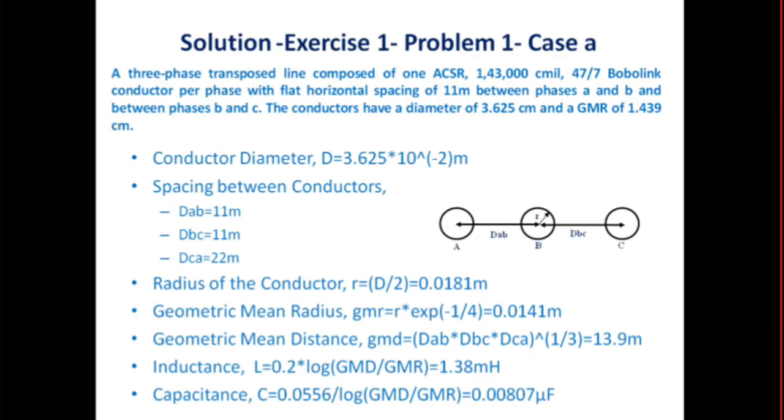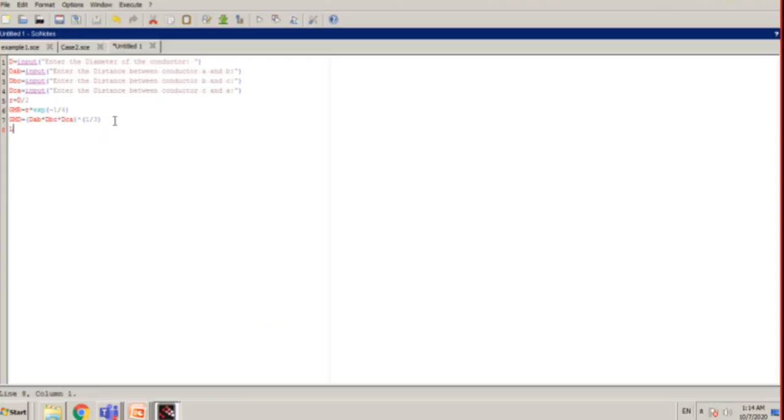The equation for inductance is L is equal to 0.2 into log of GMD divided by GMR. While doing manual calculation you have to substitute ln, but over here you have to give it as log GMD divided by GMR. So we have calculated inductance.